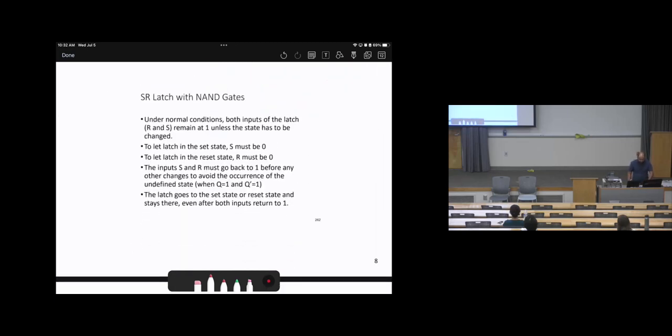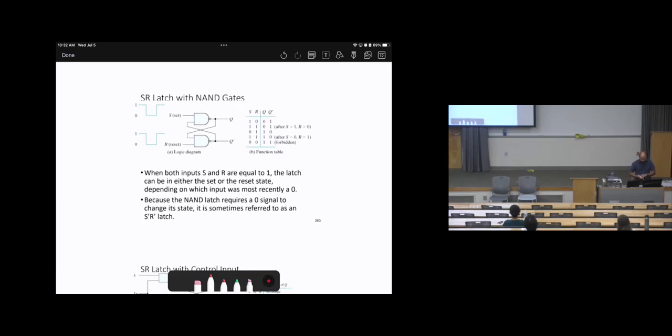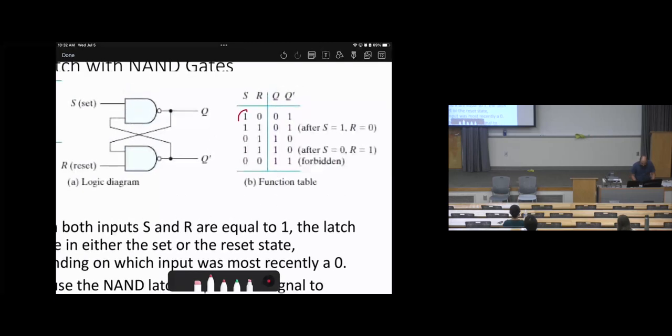So all of this is just the same way that I mentioned. Then that's how the SR latch with NAND gates looks like. So when S equals 1, we will be in reset. Oops, here is reset. Or actually, let's look at the zeros. Because of this 0, we are in reset.